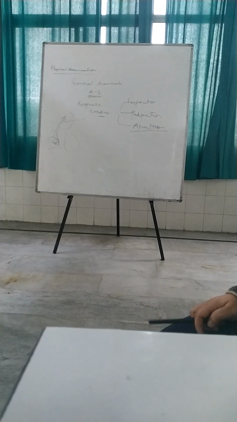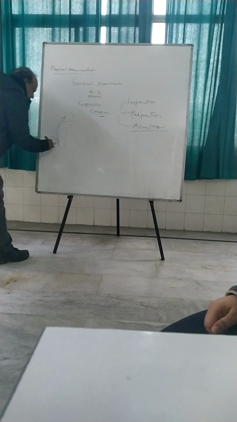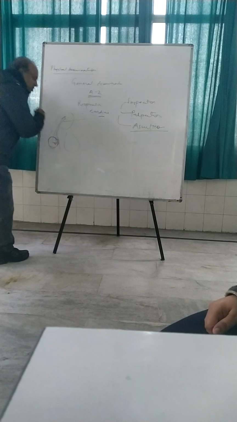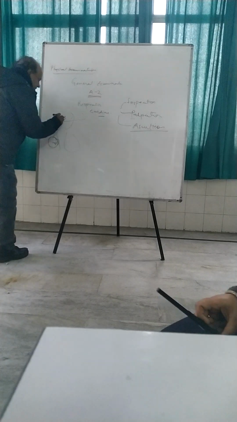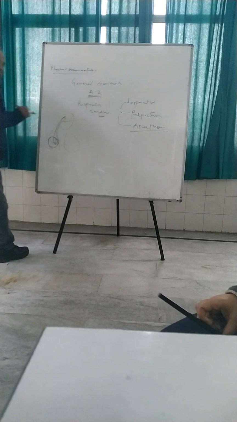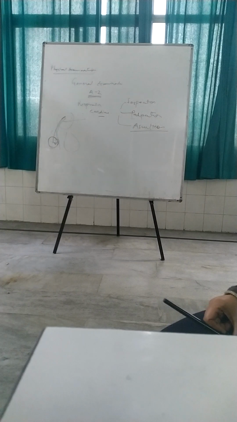If you put a stethoscope, you find whispering pectoriloquy, right? Even sometimes over a cavity you will find the breathing is the same as tracheal or bronchial, not vesicular breathing. So you make the difference after auscultation of each and every part of the chest.